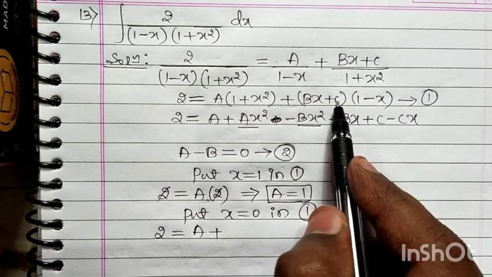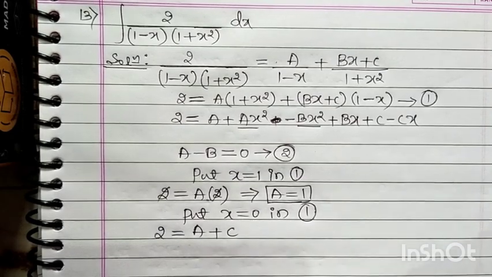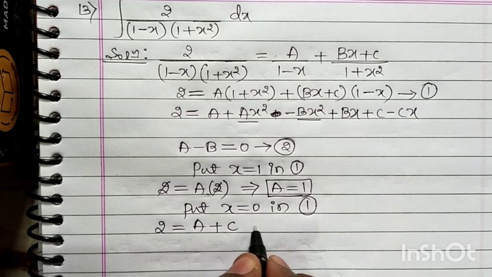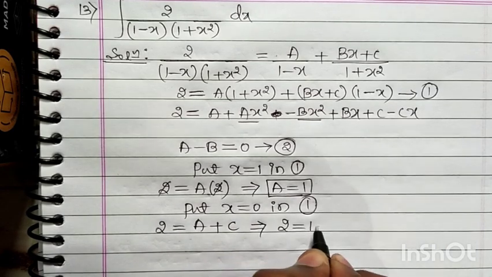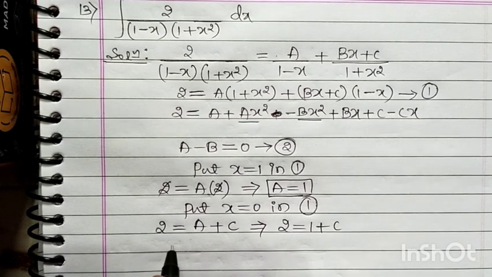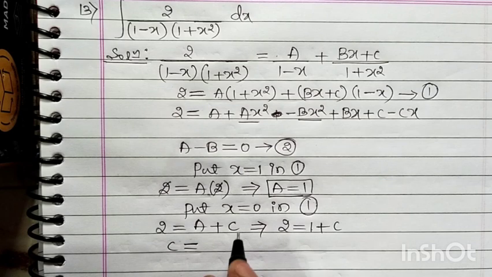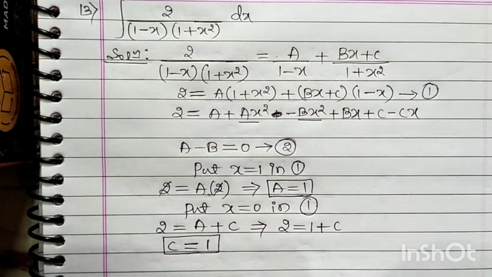So we get 0 plus c into 1, that is c. So a plus c equals 2. What is the value of a? It is 1. This implies 2 is equal to 1 plus c, or c is equal to, take this to the LHS, it becomes minus 1. 2 minus 1 is 1. We have got the value of c as 1.